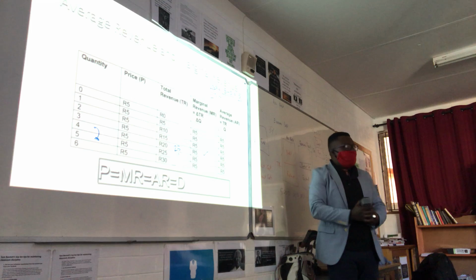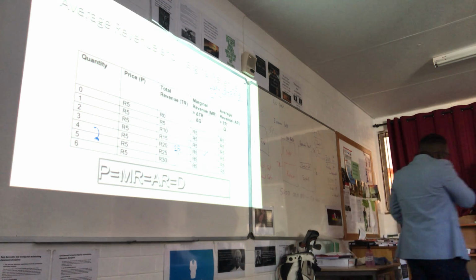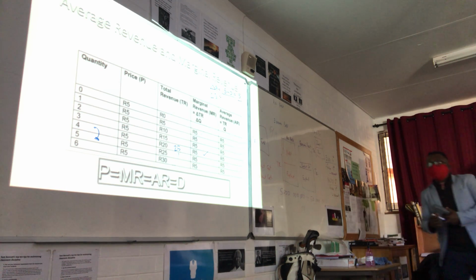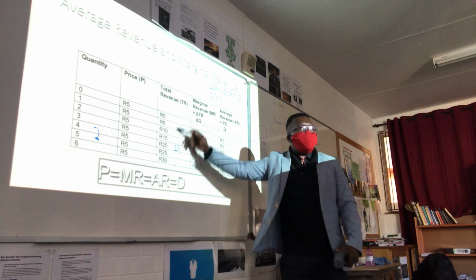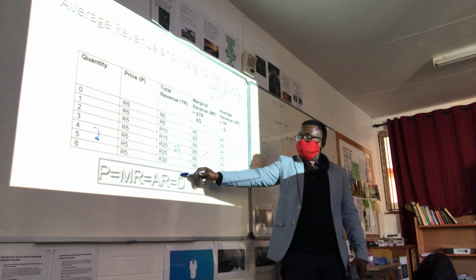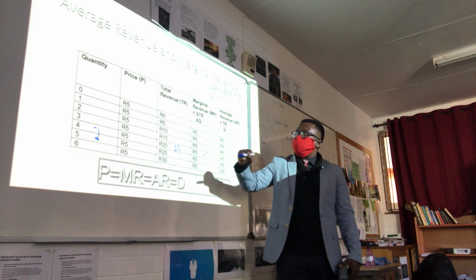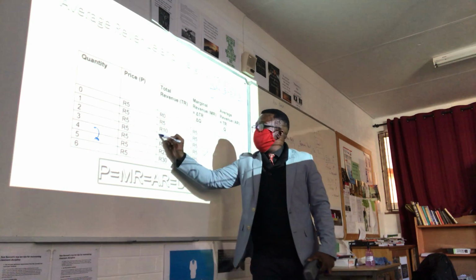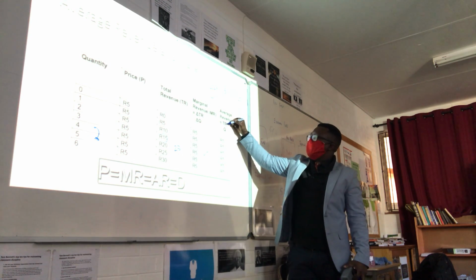Let's look at the average revenue. By definition, average revenue is total revenue divided by the quantity. If you look at your total revenue, that's this column here, Zondo. Total revenue for quantity 3 is how much? 15 rand.